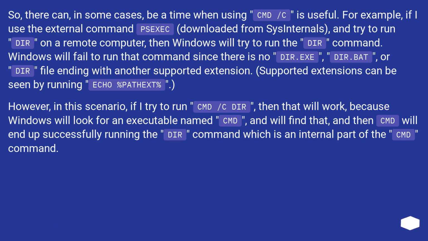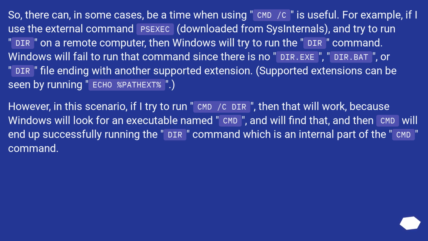So, there can, in some cases, be a time when using cmd /c is useful. For example, if I use the external command psexec, downloaded from Sysinternals, and try to run dir on a remote computer, then Windows will try to run the dir command. Windows will fail to run that command since there is no dir.exe, dir.bat, or dir file ending with another supported extension.